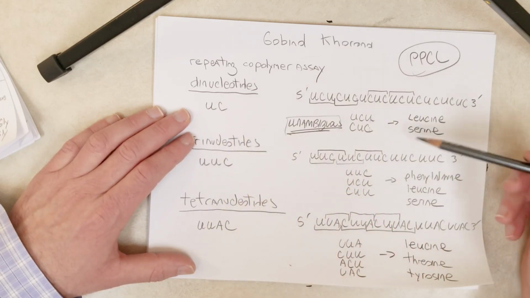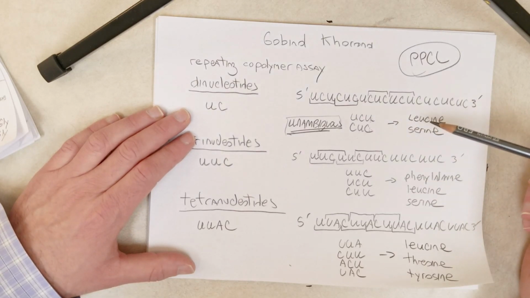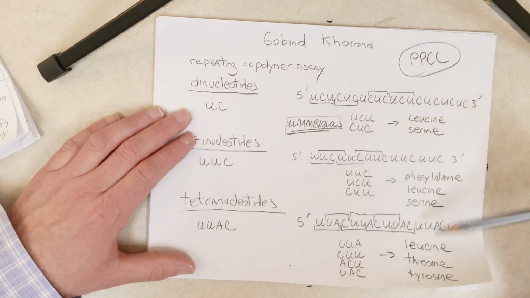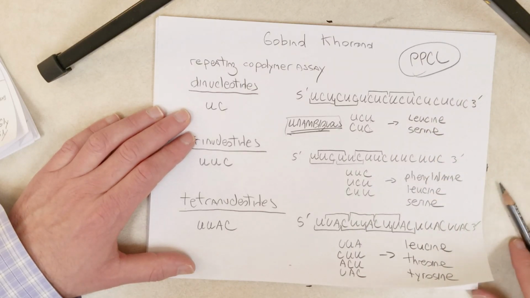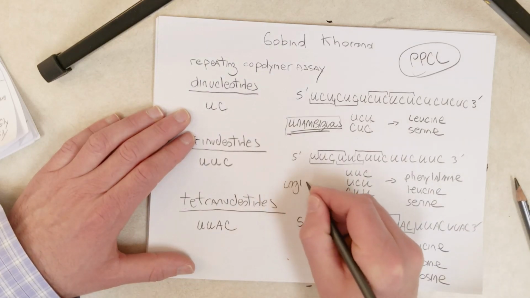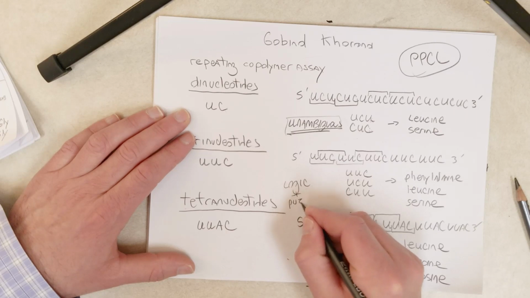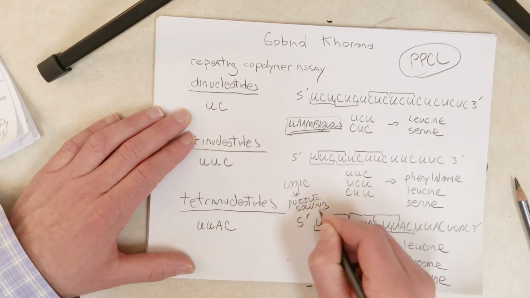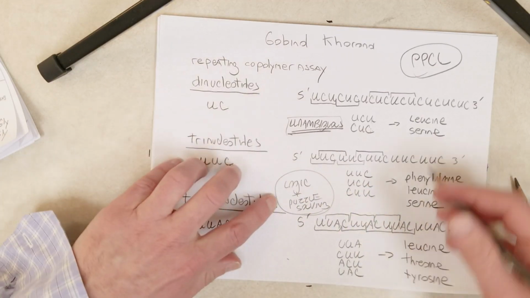And he was able to work out, or link up, all these possibilities with possible amino acids. And then what he was able to do is just use logic and puzzle-solving skills with this type of data.